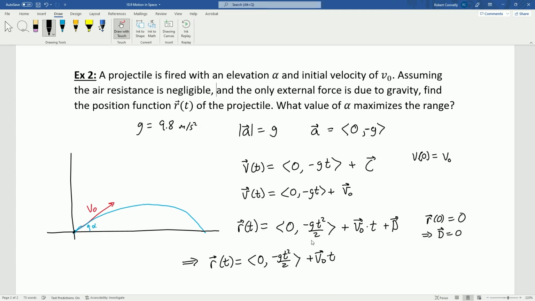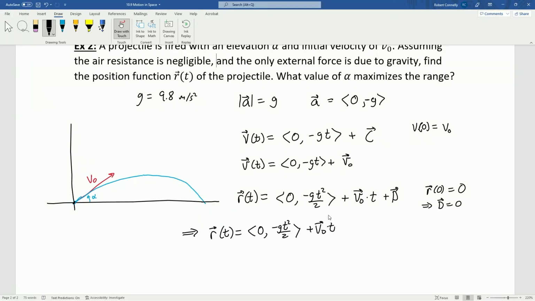All right, so the only thing we have left to do at this stage is find a more precise expression for v0 so that we can combine these vectors together. Well, that's not too difficult. We know that v0 is the vector that travels in the direction of alpha with magnitude v0.